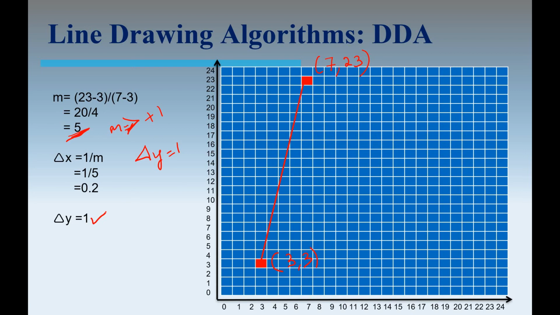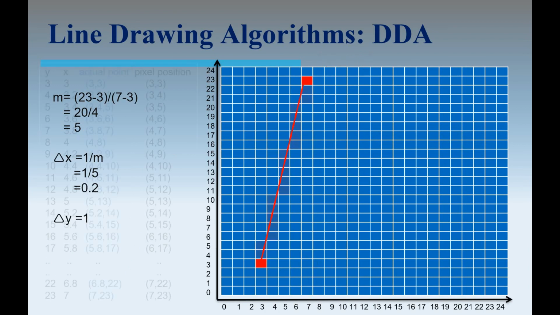Now the formula here is that xk plus 1 will be equal to xk plus 1 by m. As we know, 1 by m is equal to 0.2, which is equal to xk plus 0.2. This is the formula.